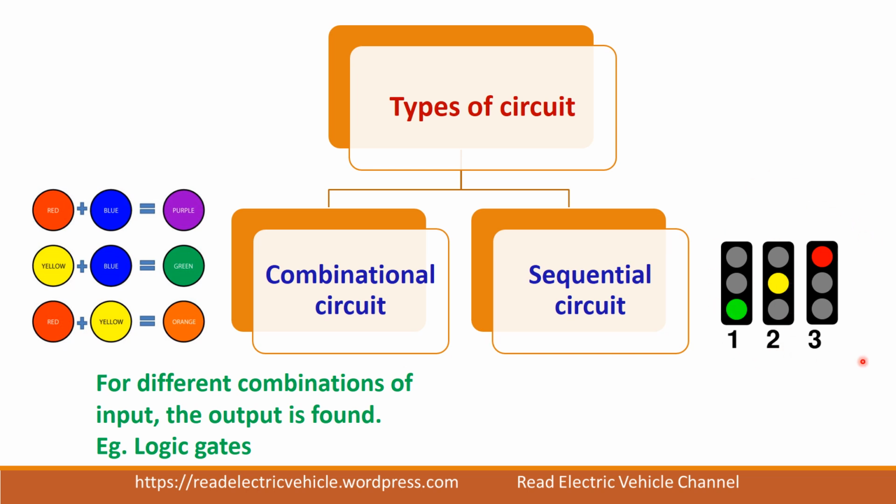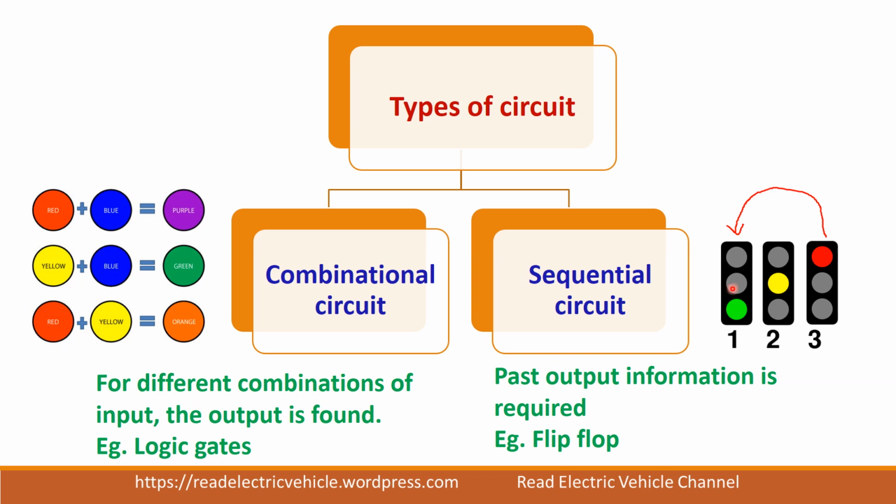So this should occur only in a sequence. It depends upon the past output. That is, previously if it was in yellow color, next it should go to red color. So this past information is also required to determine the present output. So this is a sequential circuit where everything happens in a sequence.